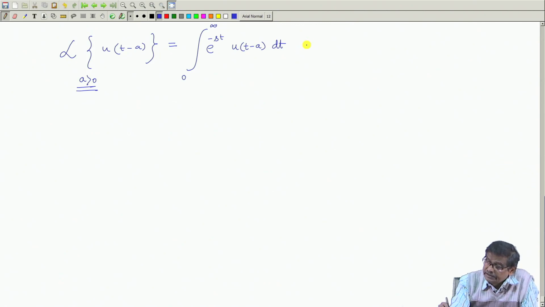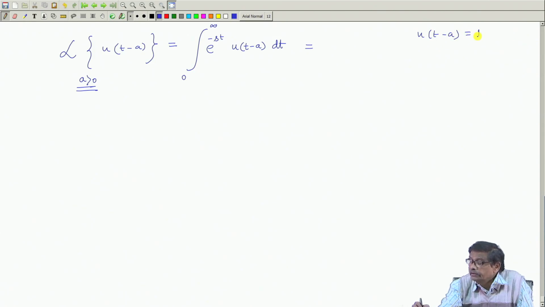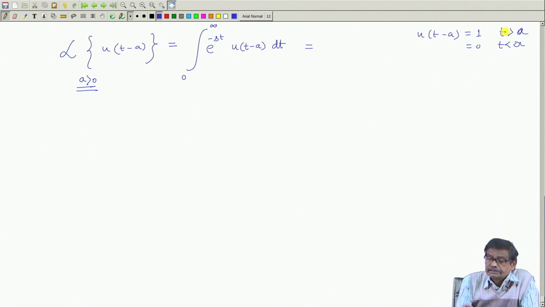Now, obviously, in this integration you have shifted the function to u(t minus a). This function u(t minus a), as we know, is equal to 1 for t greater than a and is equal to 0 for t less than a. This is known.